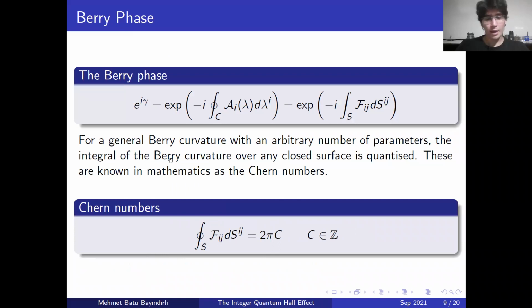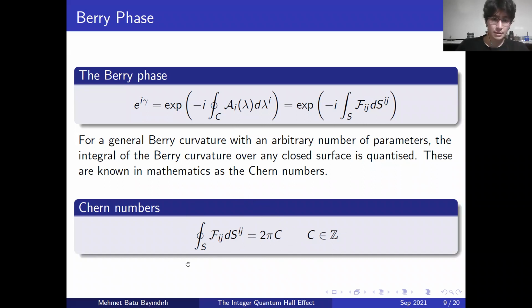And here is the interesting thing. For any Berry curvature with an arbitrary number of external parameters, this integral over a closed surface is quantized by 2 pi c, where c is an integer, and this integer is called the Chern number.